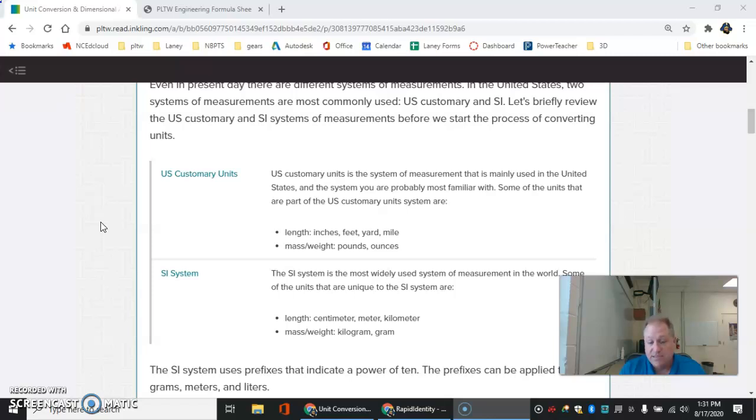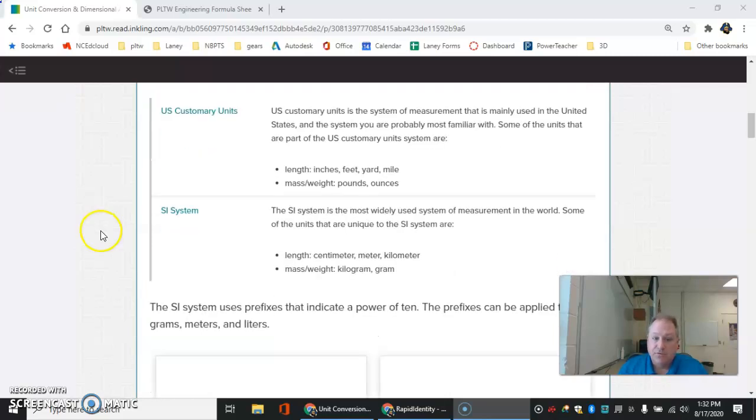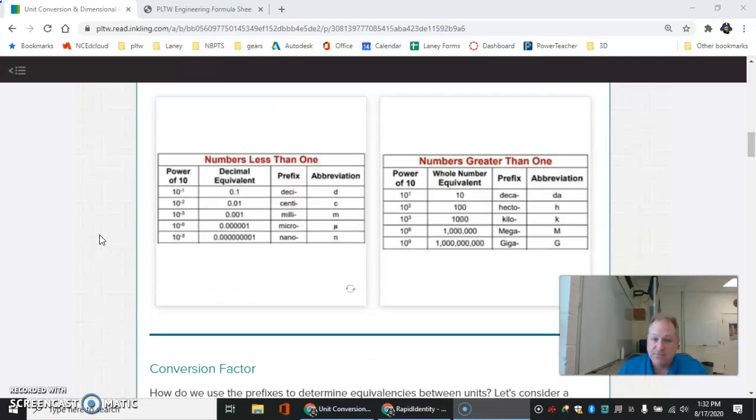So instead of meter, we can have kilometer for a large number, or we can have centimeter for a small number. But it's still all based off the meter unit. Okay. As we use kilo or we use centi, it increases or decreases by a factor of 10, by a power of 10. Okay. So if we scroll down a little bit, we can see some examples.